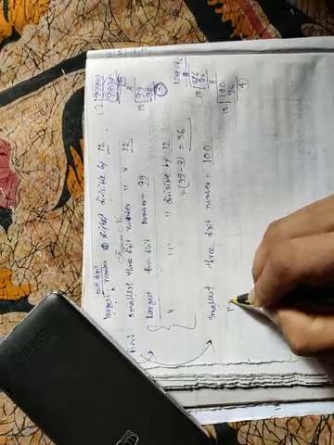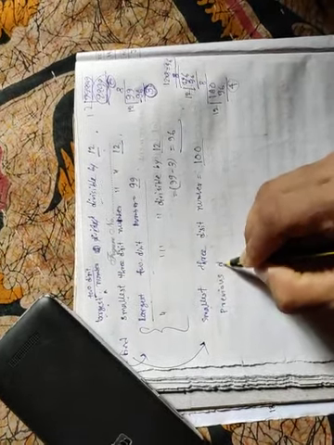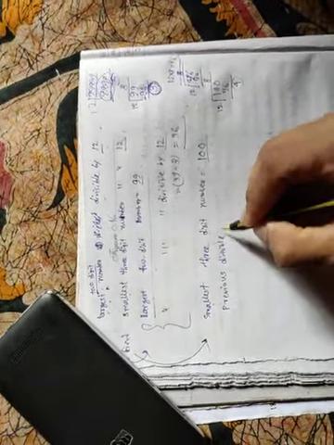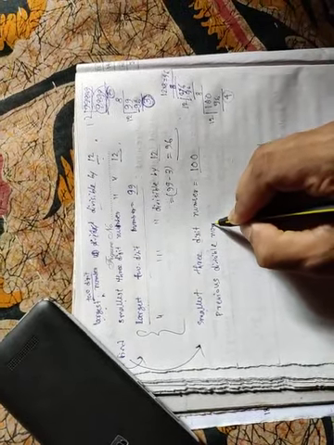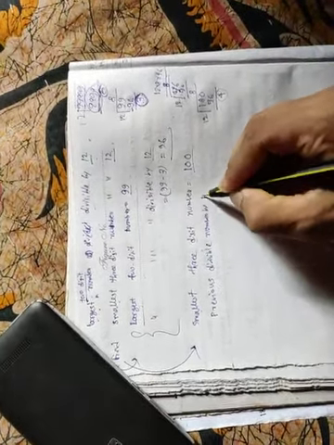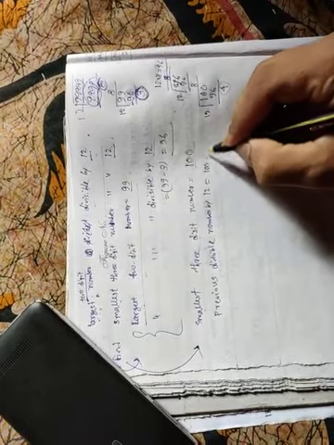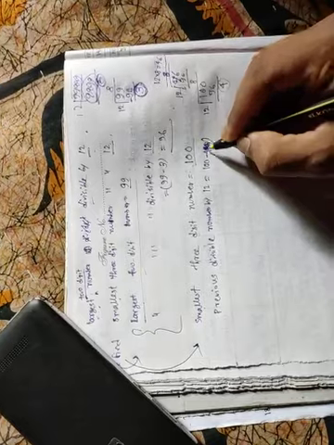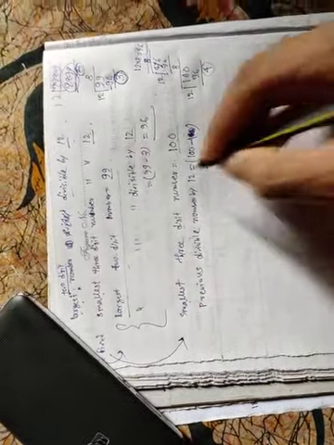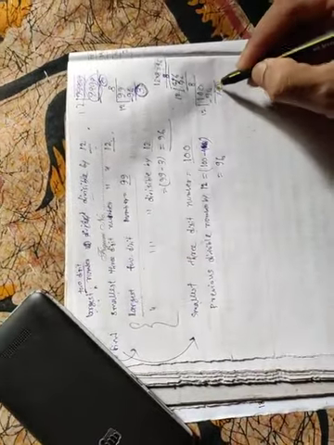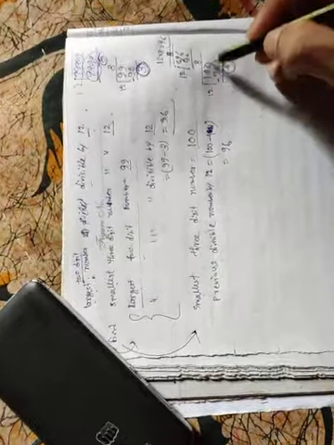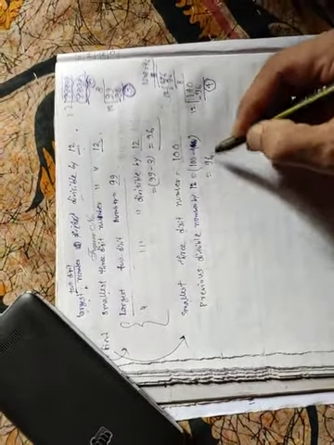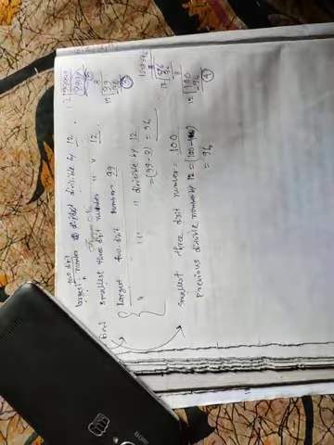The previous divisible number by 12 is equal to 100 minus 4, which is 96. Clear? Because I have discussed earlier, if we subtract the remainder from the main number, then we will get the divisible number by that particular divisor.